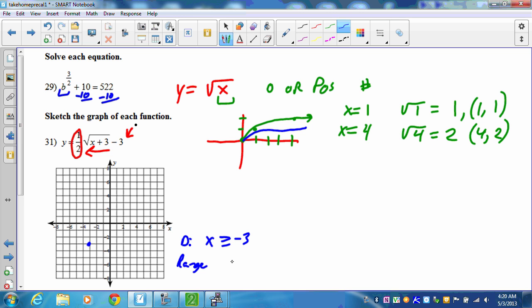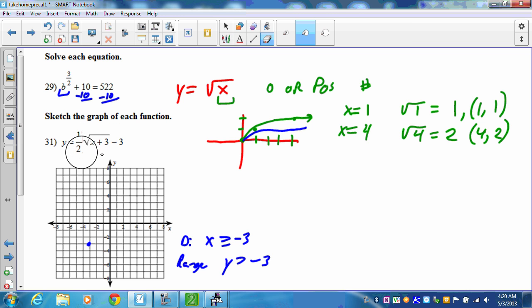Our range starts off at what? Negative 3. It has to be greater than or equal to negative 3. So we could plug in a couple of points to see what happens.